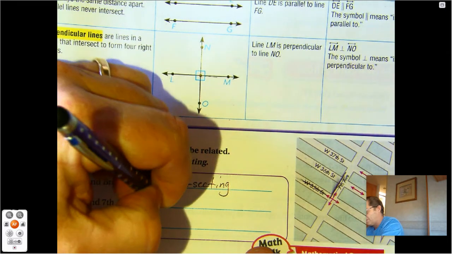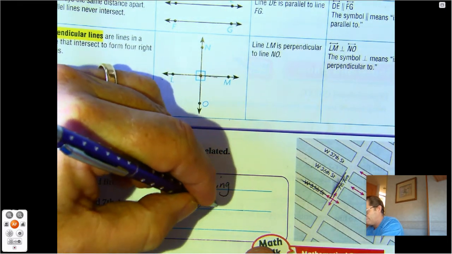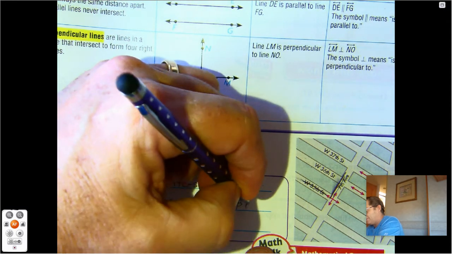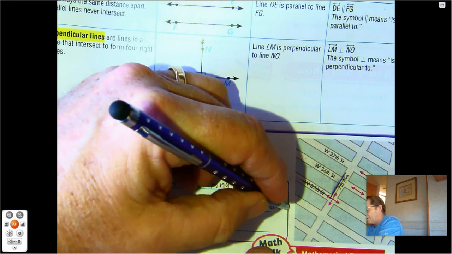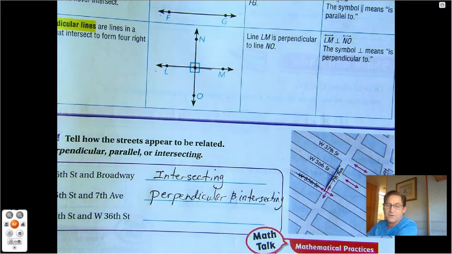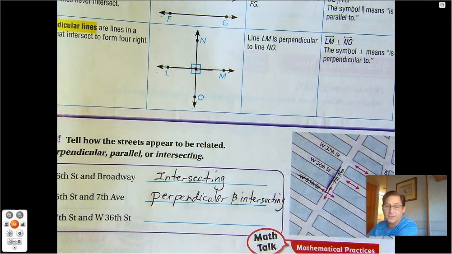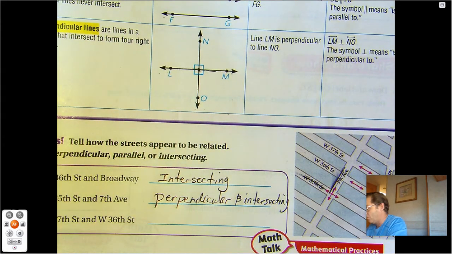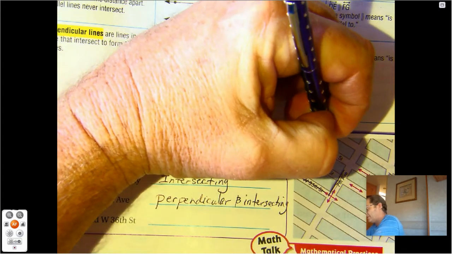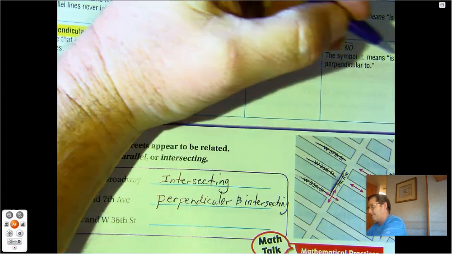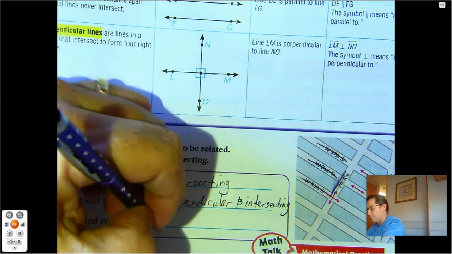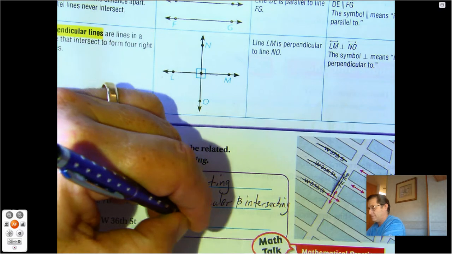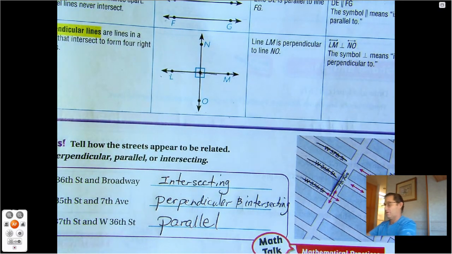So that is perpendicular and intersecting. If the lines are intersecting and they form right angles, we give it two names, intersecting and perpendicular. If it's intersecting and doesn't form right angles, we just say it's intersecting. And the last one, West 37th Street and West 36th Street. Well, 37th Street is here, 36th Street is here, and they're not going to cross. So those are parallel lines.